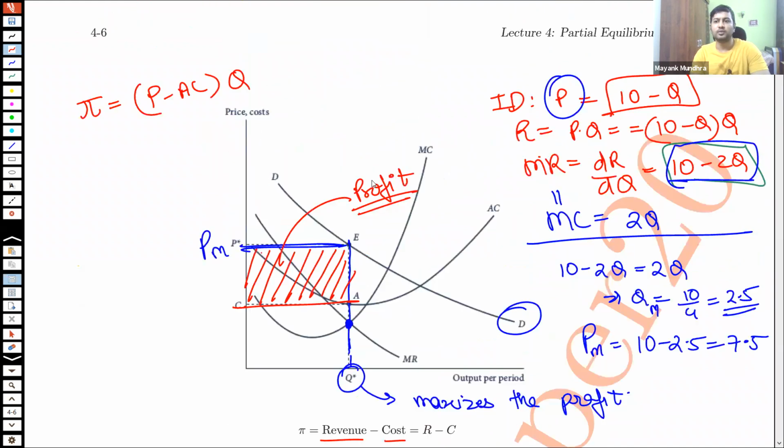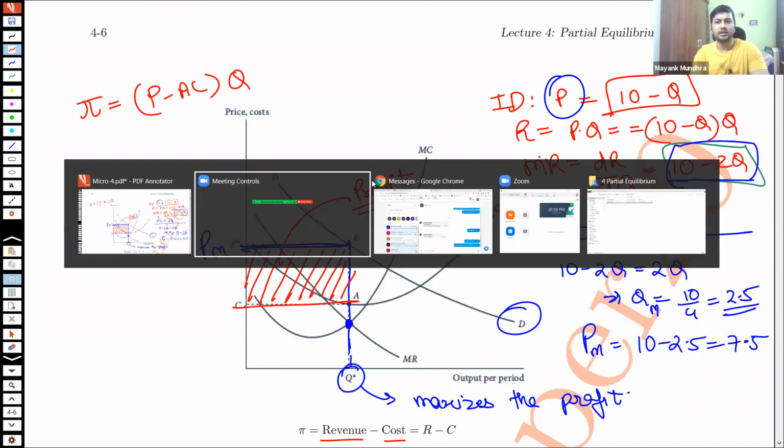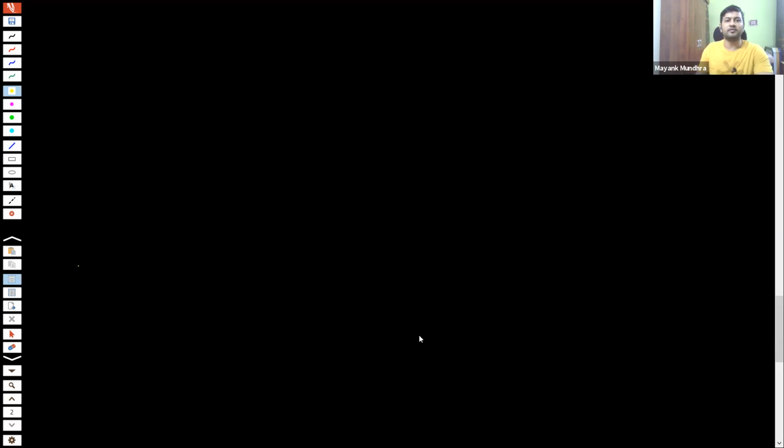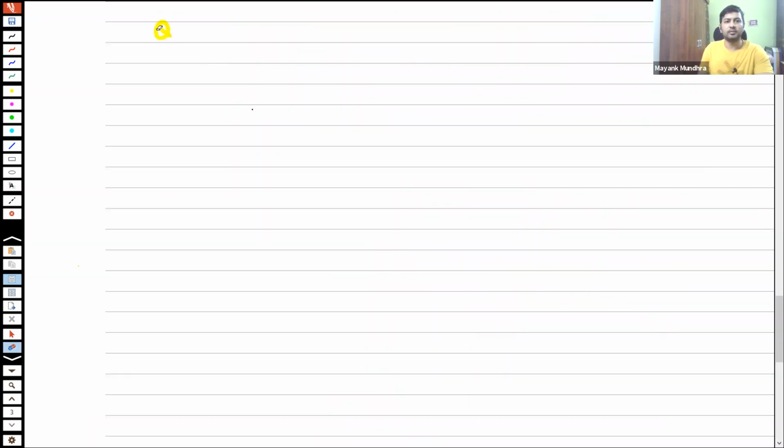So let me give you a different setting. A quick example for you guys. Suppose that the demand function, quantity demanded, is equal to 100 minus 2p, and marginal cost is equal to 5.